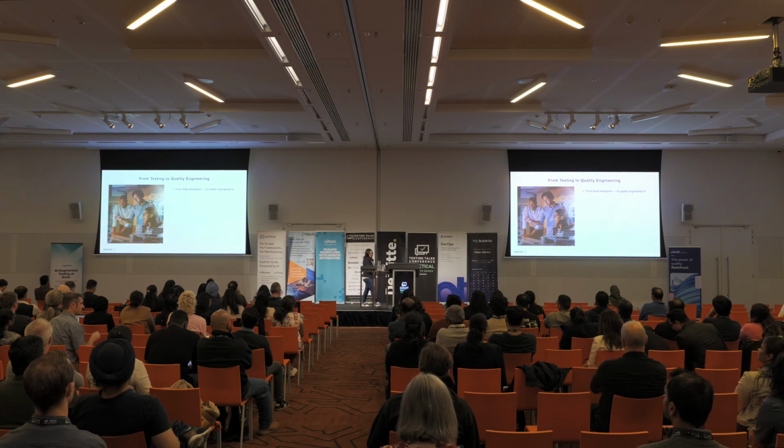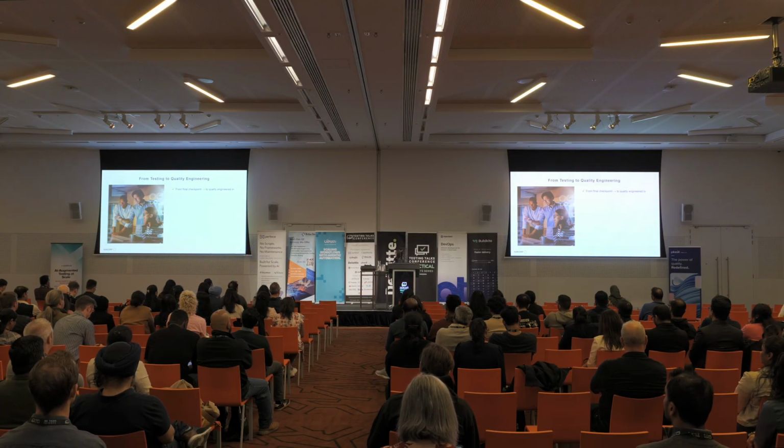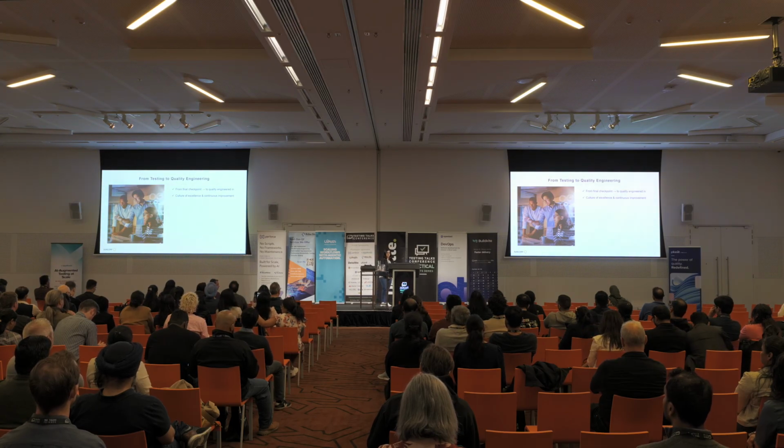Traditional testing couldn't keep up with the speed at which we were delivering value to our customers. So we had to move towards quality engineering. This is where our practice, or our chapter, was formed. It was formed on several core principles, and one of them is building a culture of excellence.